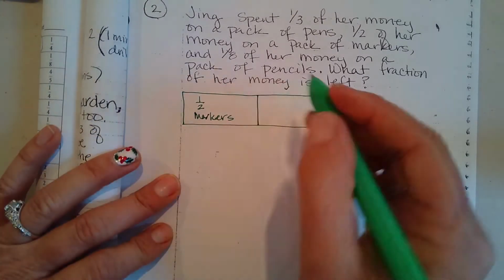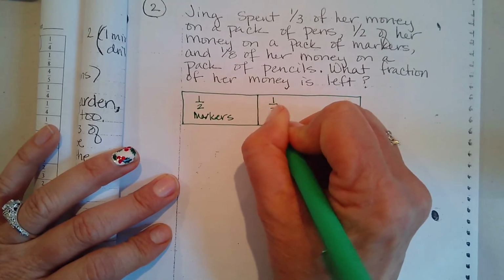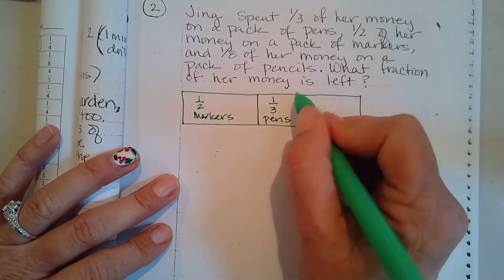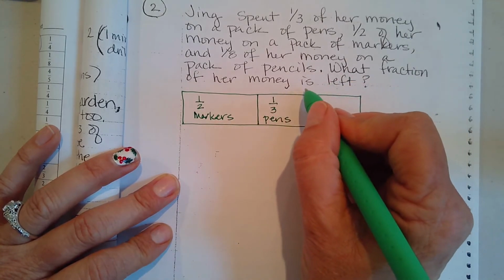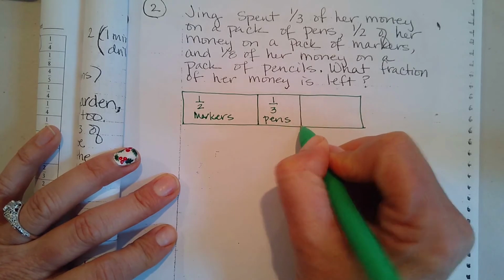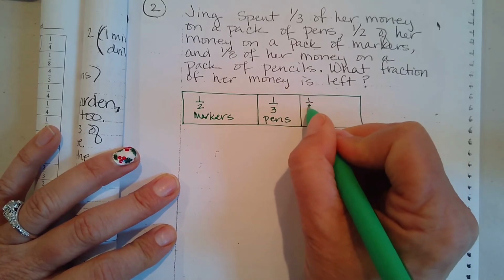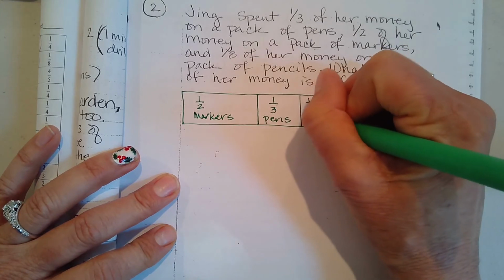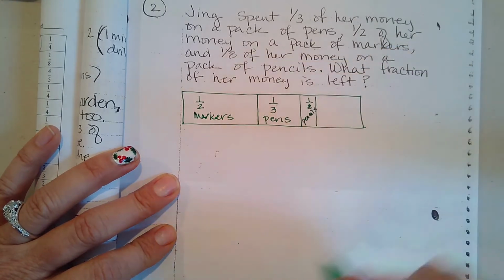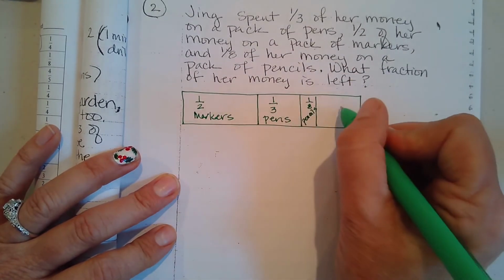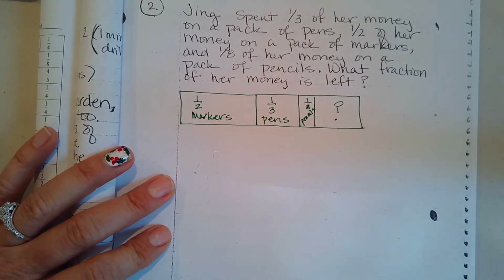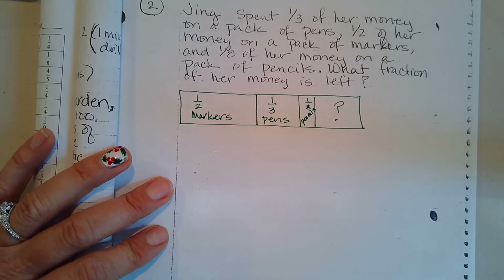Then she spent 1/3 of her money on pens and 1/8, which is going to be small, on pencils. What fraction of her money does she have left? Right? All right. So what could we do?